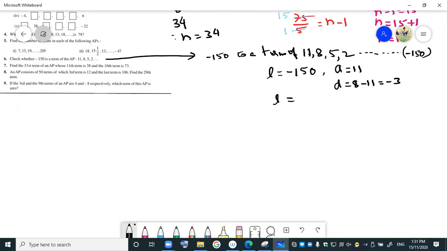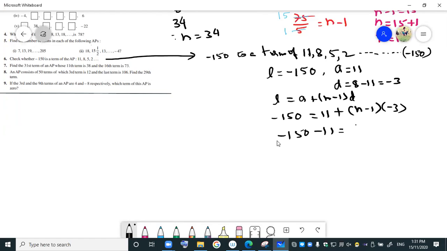And our formula is L is equal to A plus n minus 1 into D. Substitute the values: minus 150, A is equal to 11, number of terms we have to find out, n minus 1, common difference is minus 3. 11 you can bring to the left side. Minus 150 minus 11 is equal to n minus 1 into minus 3, and minus 161.